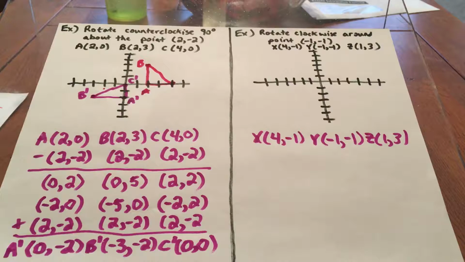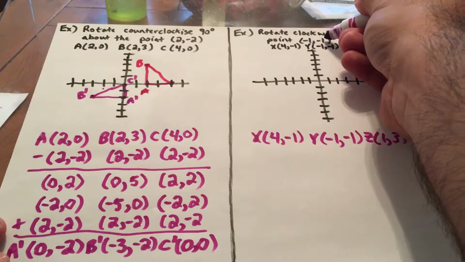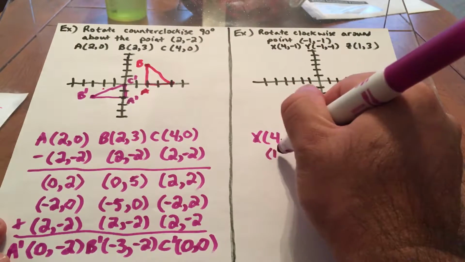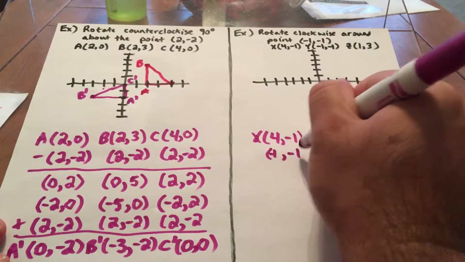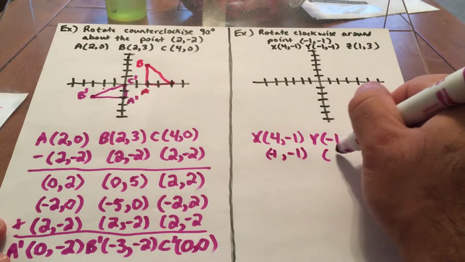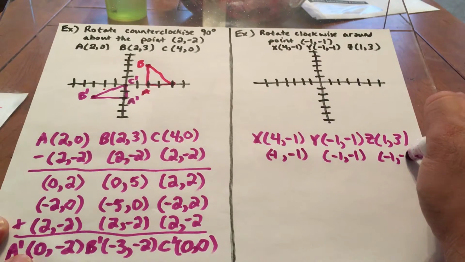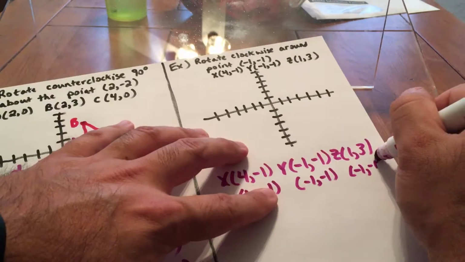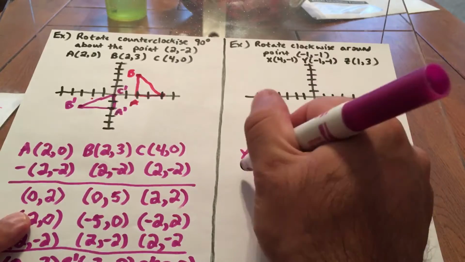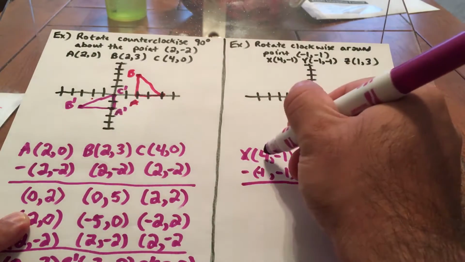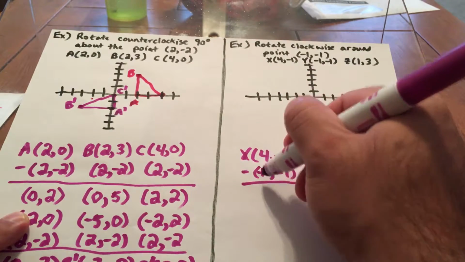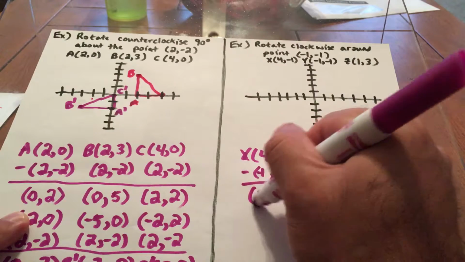Okay, so first thing we've got to do, take the point we're rotating about and subtract it off. So negative 1, negative 1. All right, so we're going to subtract these. 4 minus a minus is plus, so 4 plus 1 is 5.